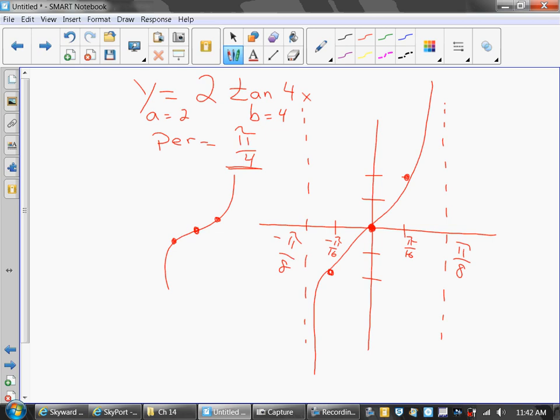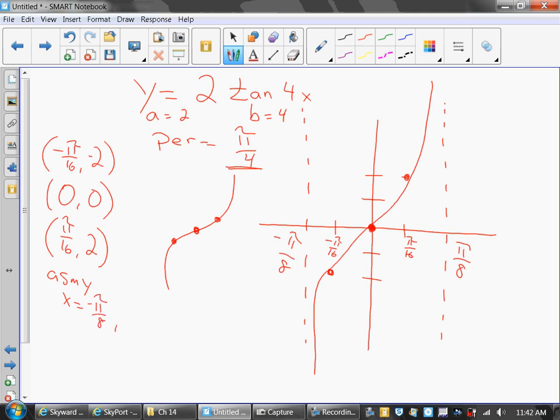So in this case here, my ordered pairs would be negative pi over 16, negative 2, 0, 0, pi over 16, positive 2, and my asymptotes are at x equals negative pi over 8 and positive pi over 8. Remember, x equals a number.